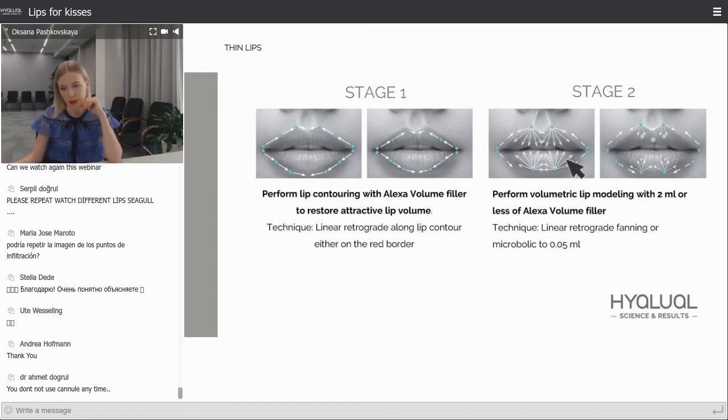But in other cases, I don't think it's a really good idea to trim the lips in such a way, because while you inject in one part of the upper lip, the previous part is swelling, and it's also not clear in which part you should inject an additional volume.